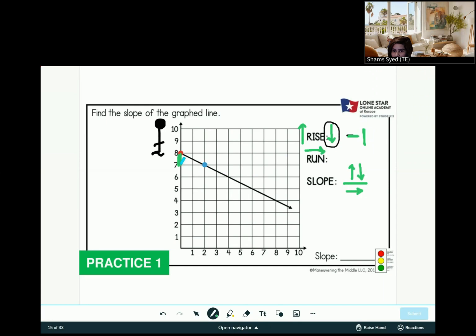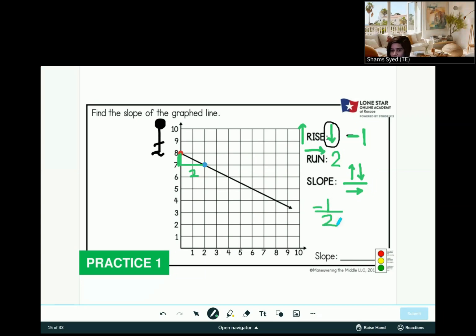Let's check the run. From here, we want to run to the blue. How much is the run? Regina, Kayla, and Bryson think the run is 2. So let's do 2. Now I want the slope. The rise is -1. The run is 2.